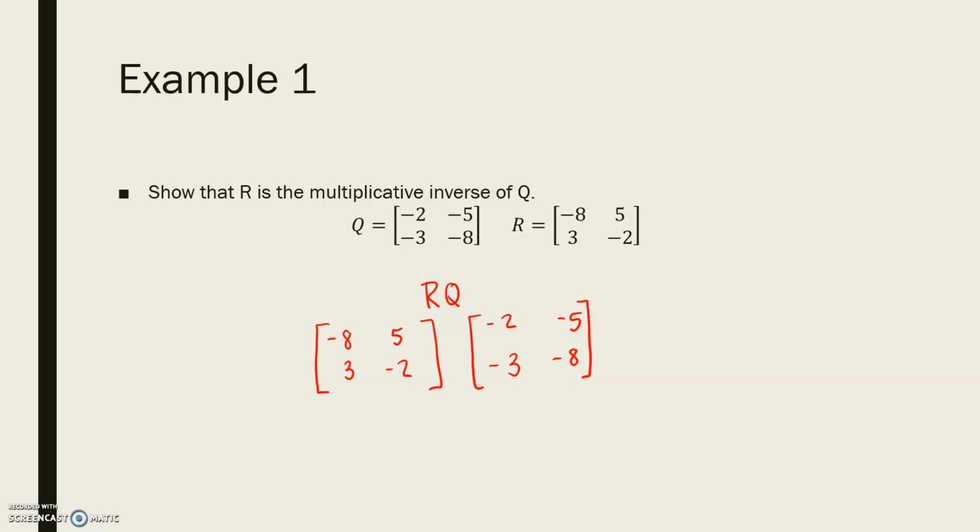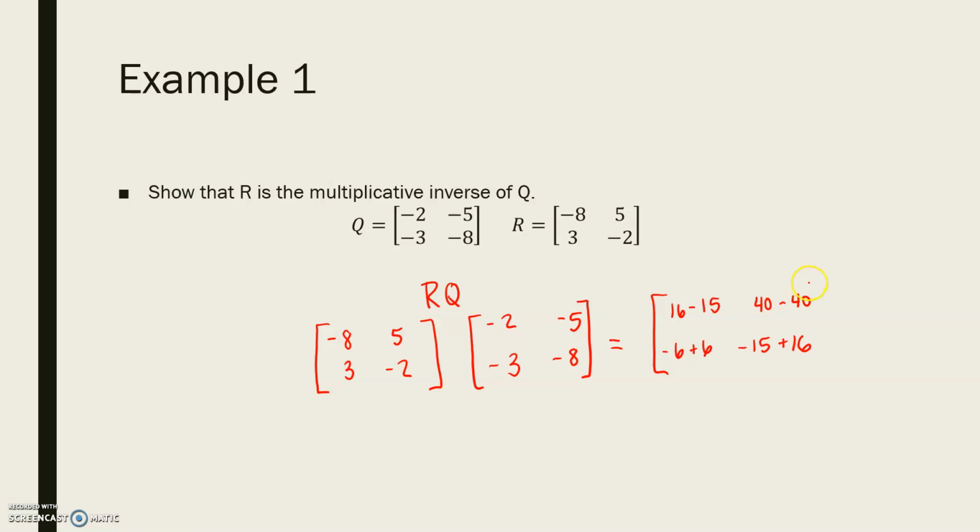Now, when I multiply these together, I'm using first row and first column. That's going to give me 16 minus 15. Over here, it's going to give me 40 minus 40. Down here, I'm going to get -6 plus 6. And here, I'm going to get -15 plus 16. Let me fix that.